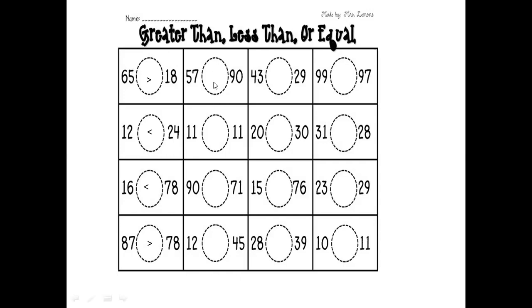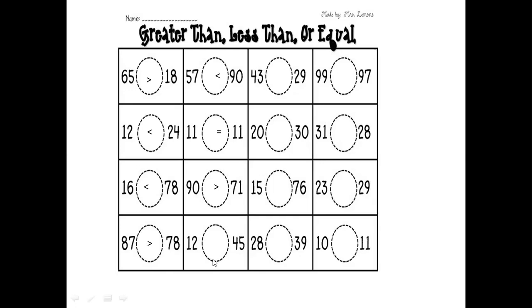See the next one. 57 and 90. 57 is less than 90. Very good. Then the next one. 11 and 11. Easy. It's equal to sign. Yes, you're correct. Next. 90 and 71. 90 is big number. So we will say that 90 is greater than 71.